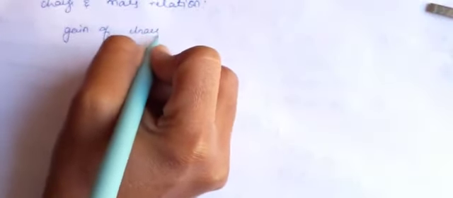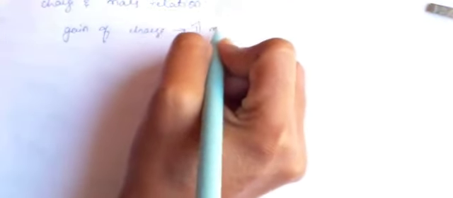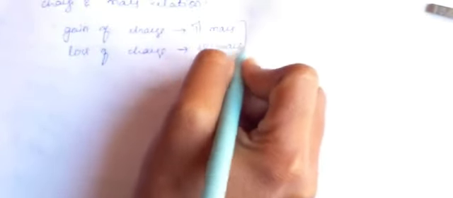So we have a relation between charge and mass: gain of charge increases the mass, and loss of charge decreases the mass. This is the charge and mass relation.